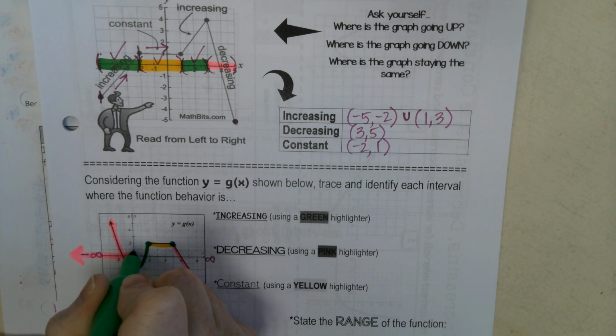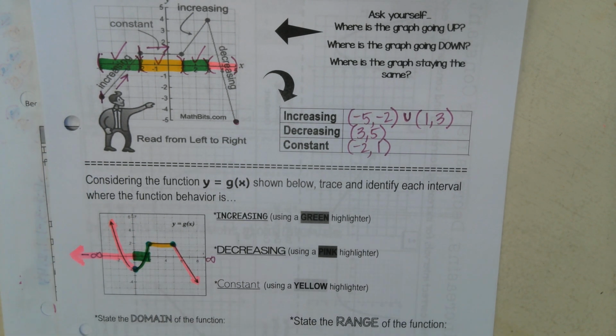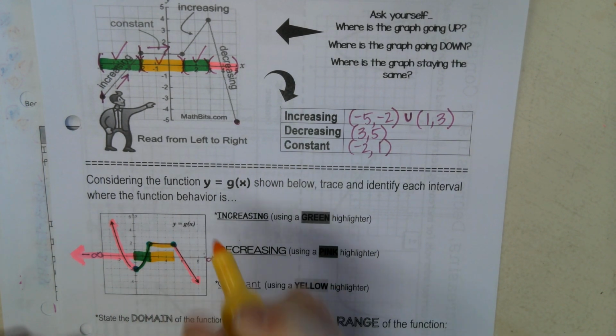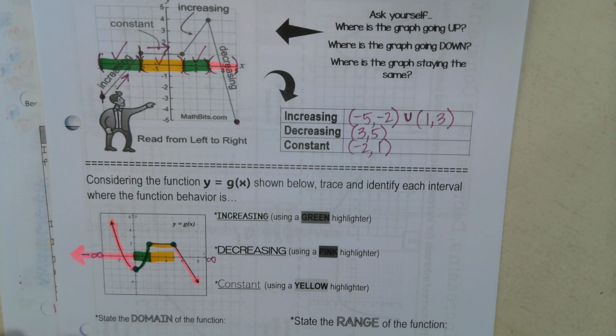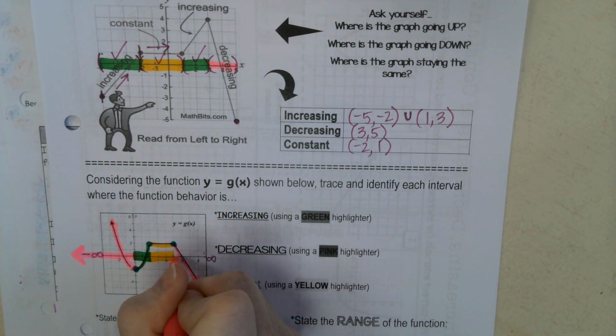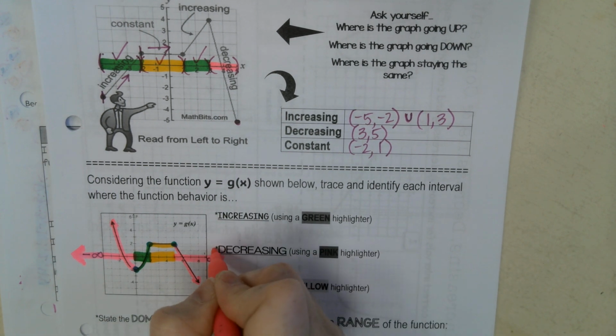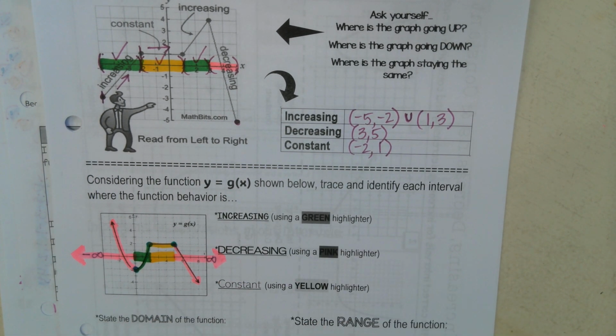Then, from here to here, it was rising. From here to here, it was flat. And then starting here at 5, and for the rest of my graph, it continues falling.